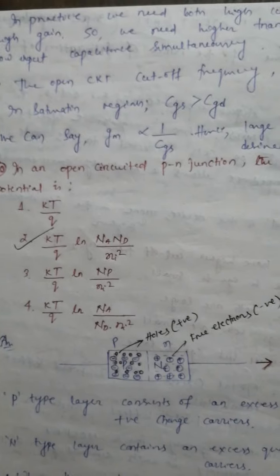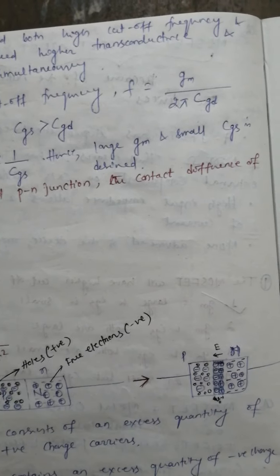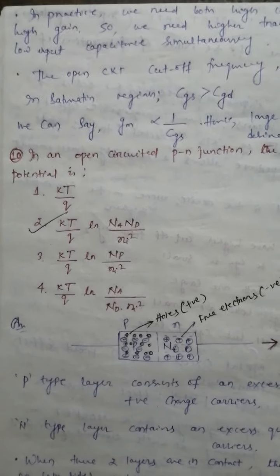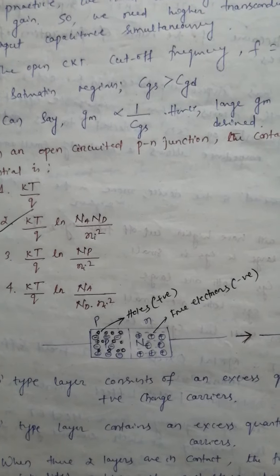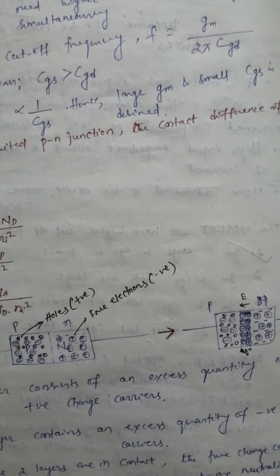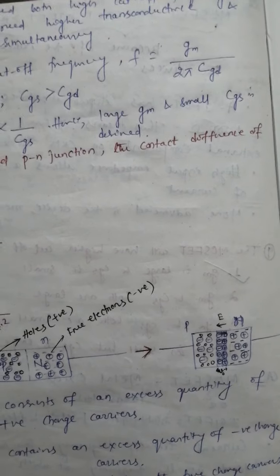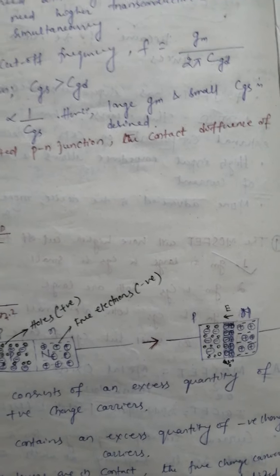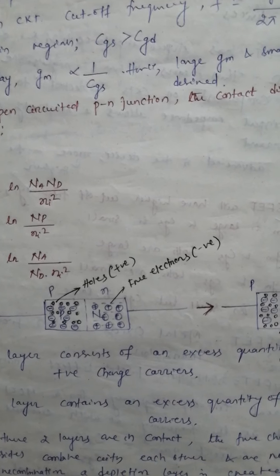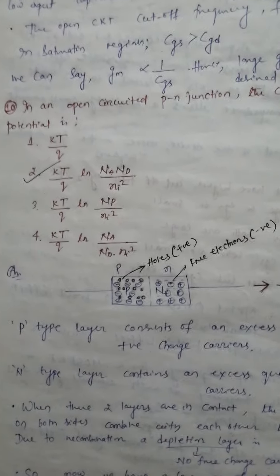In practice we need both high cutoff frequency and high gain. So, we need higher transconductance and low input capacitance simultaneously. The open circuit cutoff frequency we can write as F equal to GM divided by 2 pi CGD, and in the saturation region CGS is greater than CGD.